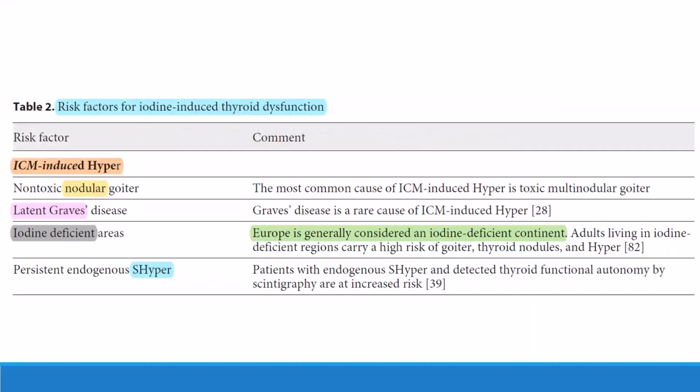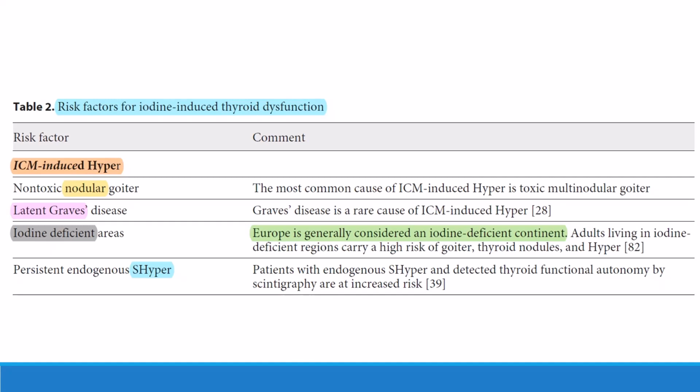Who is at high risk for development of iodine-induced thyroid dysfunction? For ICM-induced hyperthyroidism, the risk of developing thyrotoxicosis increases in a patient with non-toxic nodular goiter, latent Graves' disease, or an iodine deficient area, like all of Europe.